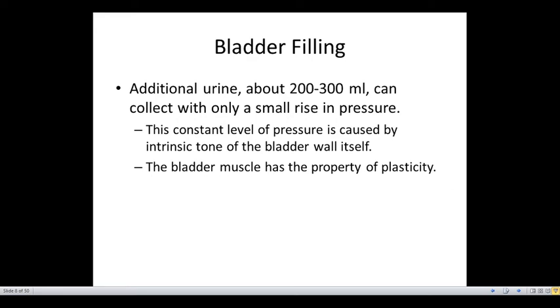Additional urine, about 200 to 300 milliliters, can collect with only a few centimeters of water rise in pressure.